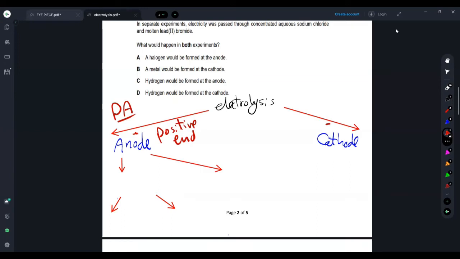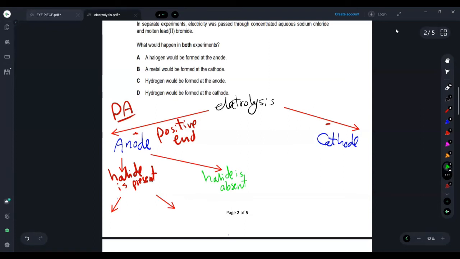The two basic rules: halide is present, or halide is absent. What is halide? Halogen, or group 7. If halide is absent, fortunately, oxygen evolves. If halide is present, we have two pathways.